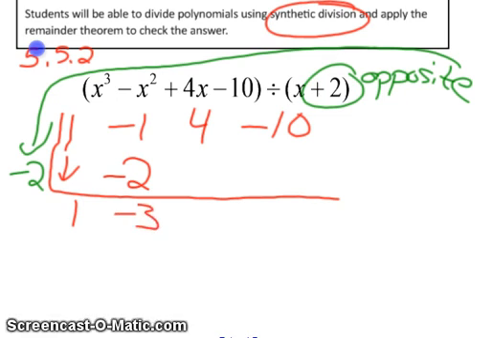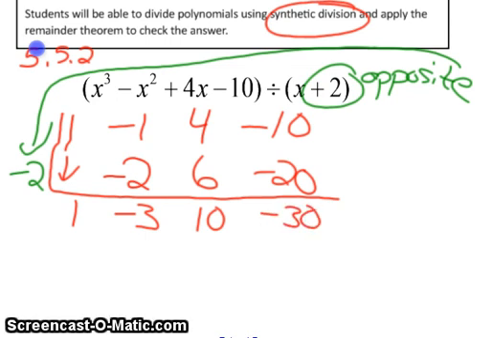And then we multiply. -3 times -2 is +6. And then add 4 plus 6 is 10. And then multiply 10 times -2 is -20. And then add -10 plus -20 is -30.